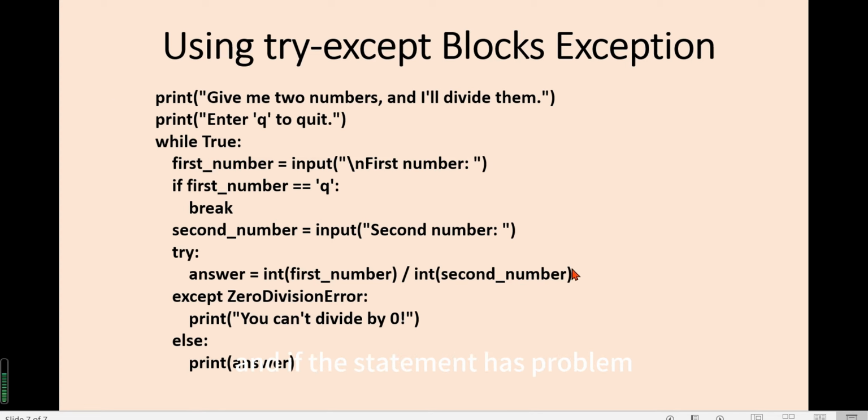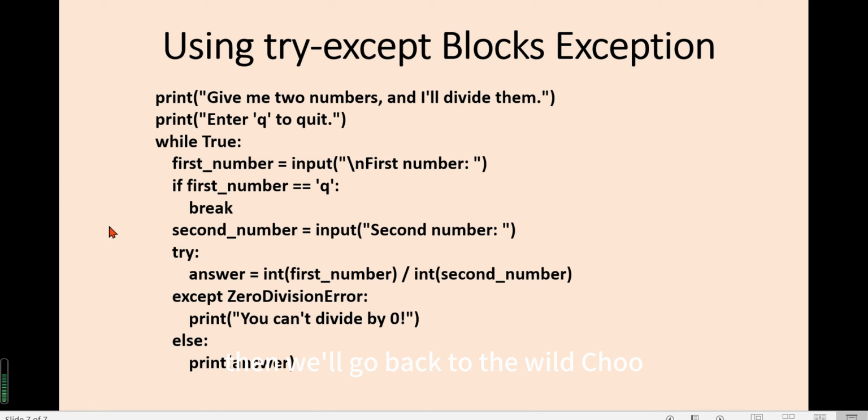And if the statement has a problem and causes an error in the traceback, then the except ZeroDivisionError block will be tested. If the error in the try block raises a ZeroDivisionError, then the except ZeroDivisionError block will be run, and the user will see "You can't divide by zero."